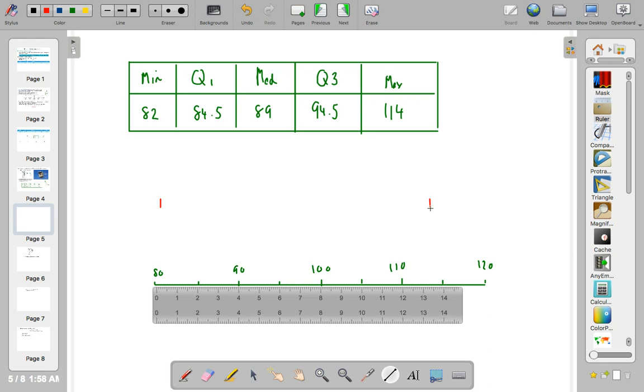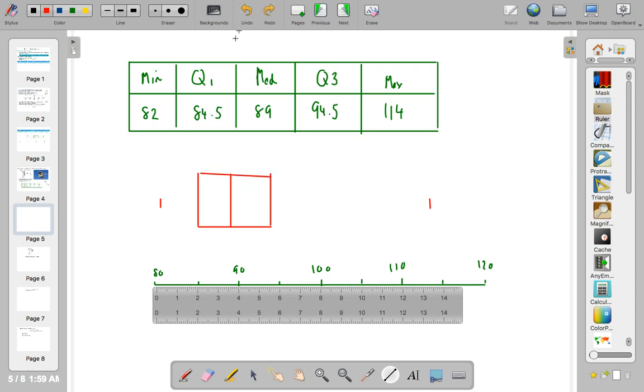Lower quartile, 84.5, around there. 89 for the median, which is there. 94.5 for the upper quartile, which is there.